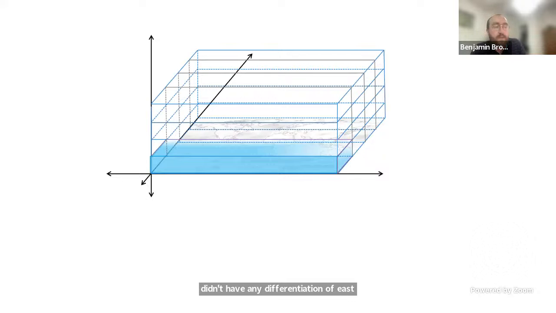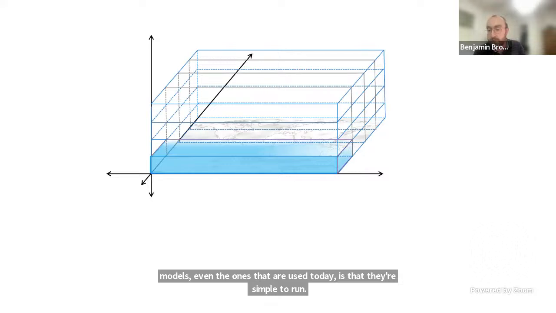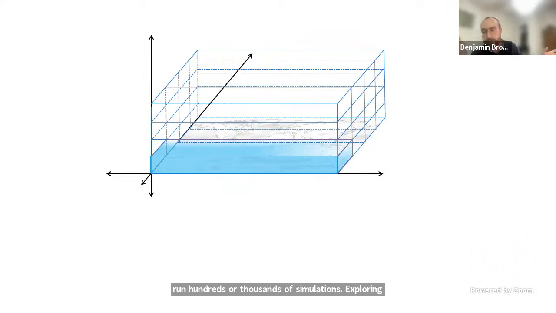And the strength of these models, even the ones that are used today, is that they're simple to run, they're not computationally expensive, and so you can run hundreds or thousands of simulations exploring all the parameter space. You get a really, really good feel for the spread of various climate parameters with this model. But then again, you can't tell the difference between North America and Europe and Asia because they're all averaged together in one zonal slab.